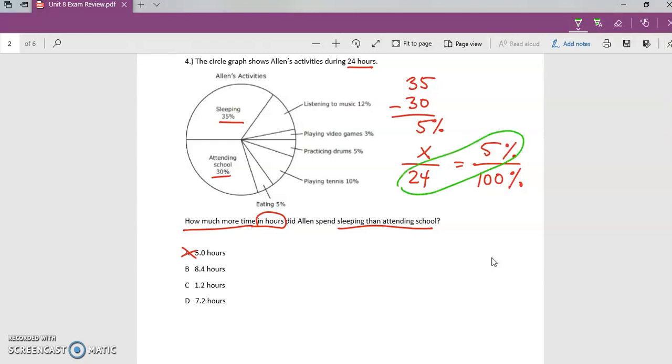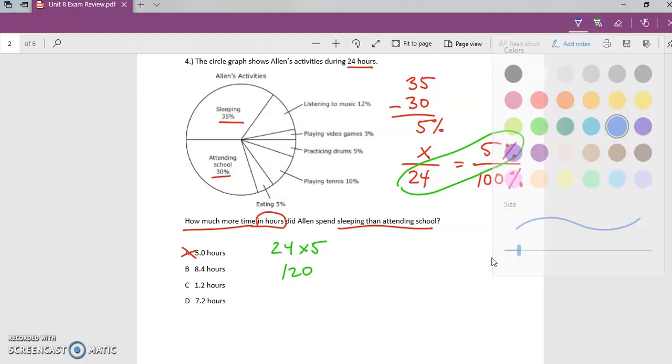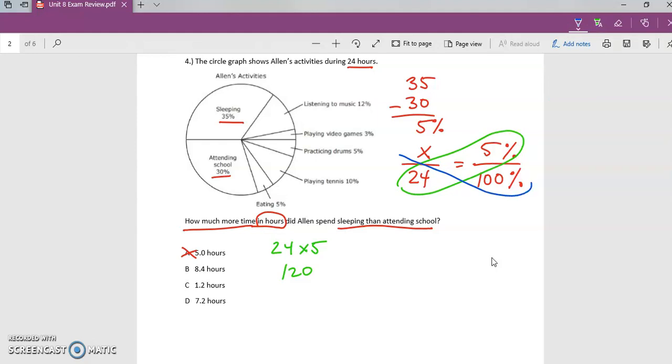Okay, so 24 times 5 is on the first side. That's going to be 120. And then on the opposite side, I have 100 times x, which is just 100x. So now I have, okay, 120 is equal to 100x.